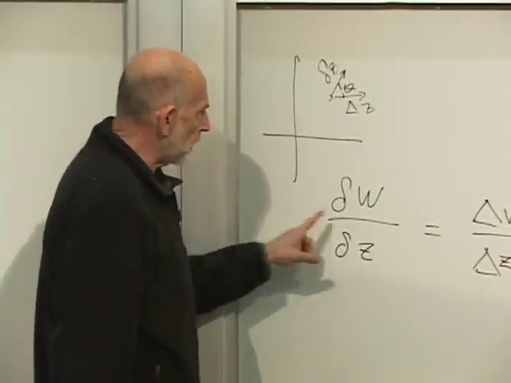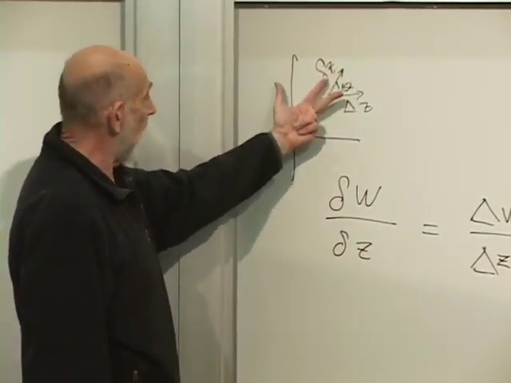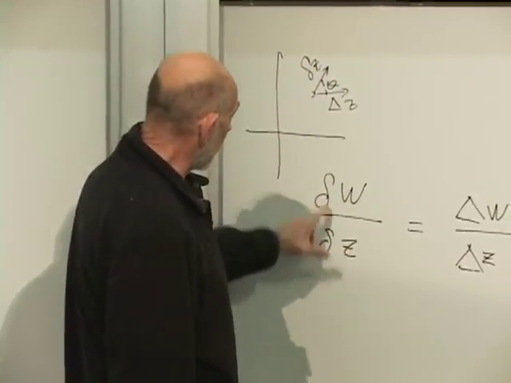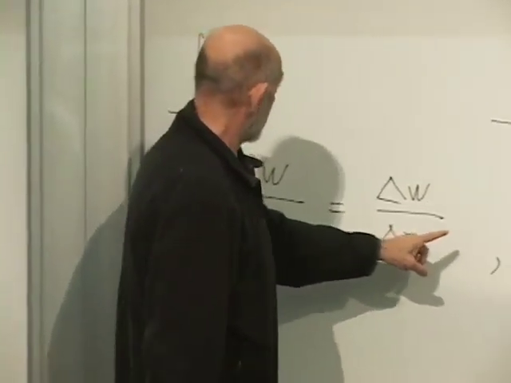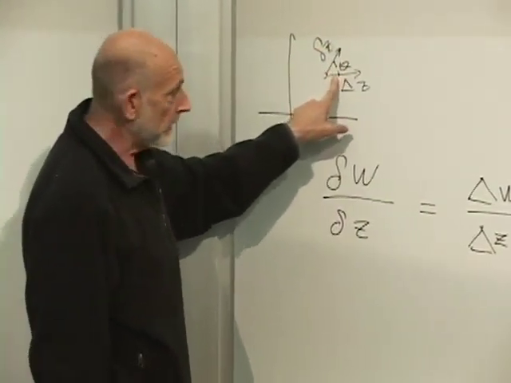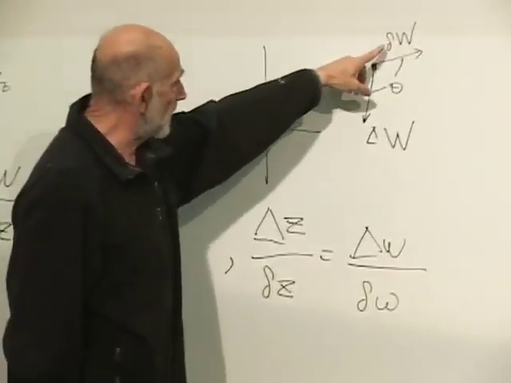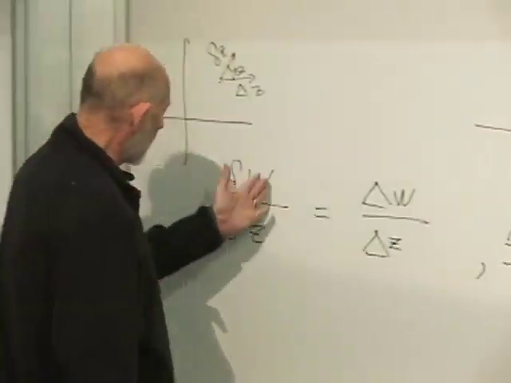The angle associated with the ratio is the difference of angles. The angle associated with big delta z over little delta z is just the angle between them, and the angle associated with big delta w over little delta w is the angle between here. What does this tell us? This tells us the angles are equal.